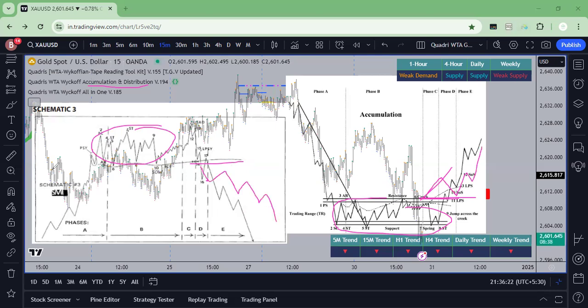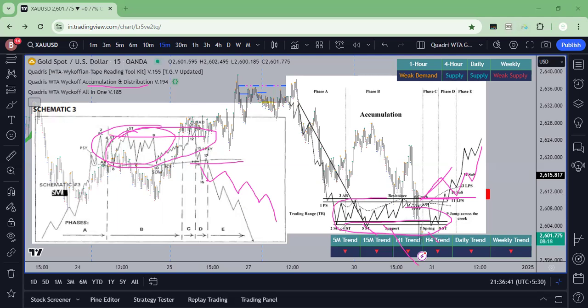Having said that, many people are stuck doing analysis of springs, like testing support, secondary test, tertiary test, and then spring.